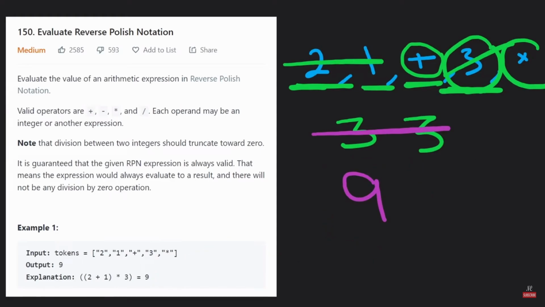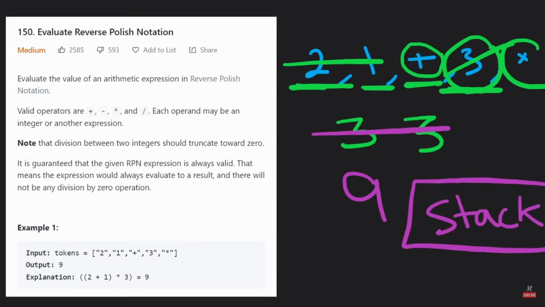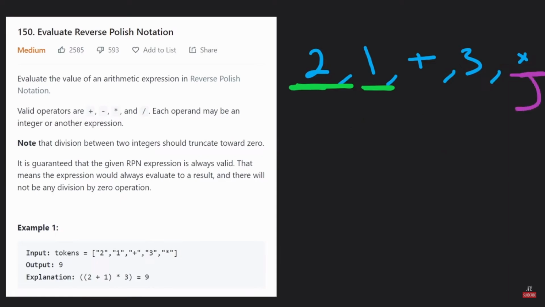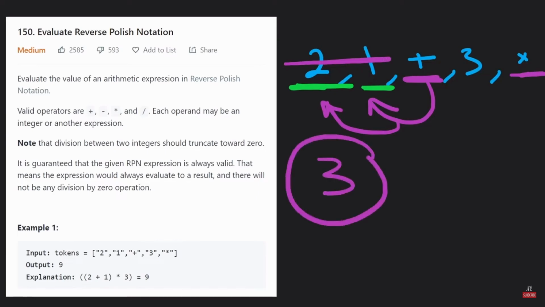If you're familiar with the data structure, a stack, and you've used that in other problems before, I think this problem is pretty simple to figure out that a stack will be useful here, because basically each operator is going to be applied to the previous values, right? But in the case of this 2, the previous values are going to be removed from the stack, right? And then replaced with the new value, which is a 3.